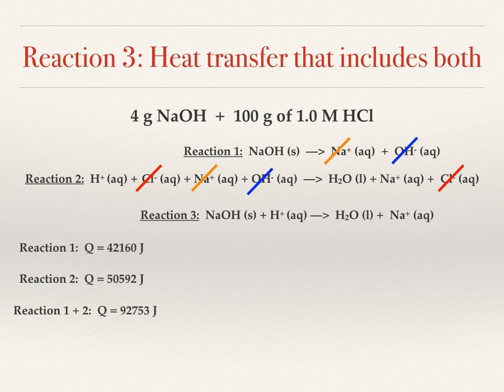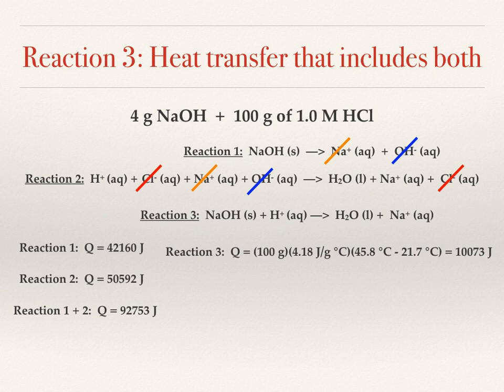So now let's take a look at the data from reaction 3. We're not assuming anything. Taking a look at our change in temperature, they had a change from 21.7 degrees to 45.8. Plugging everything into our heat formula, we get around 10,073 joules of energy.